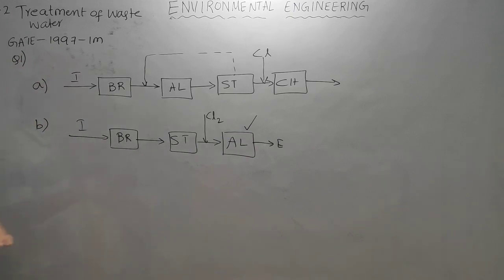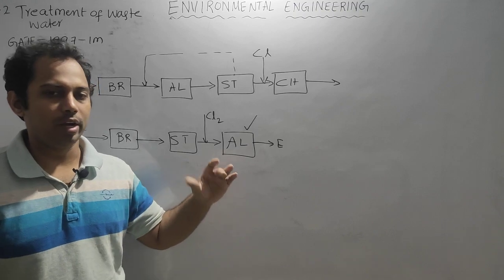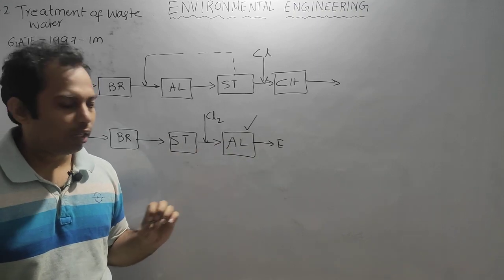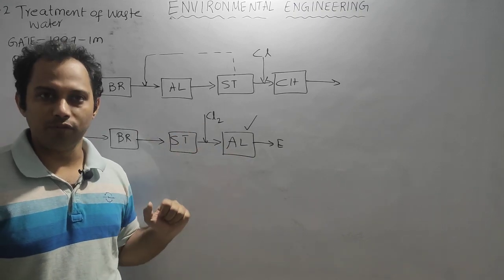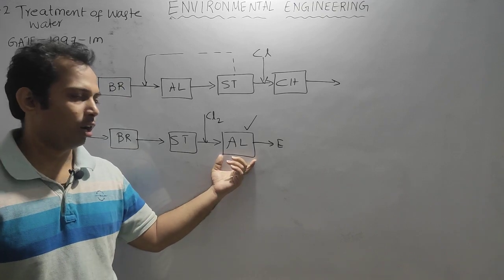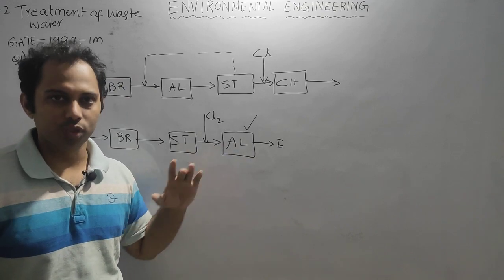Among all 4 options, the aerated lagoon is kept at the last point only in option B. So from the basic point of view, after an aerated lagoon no treatment is needed, and option B suits best.